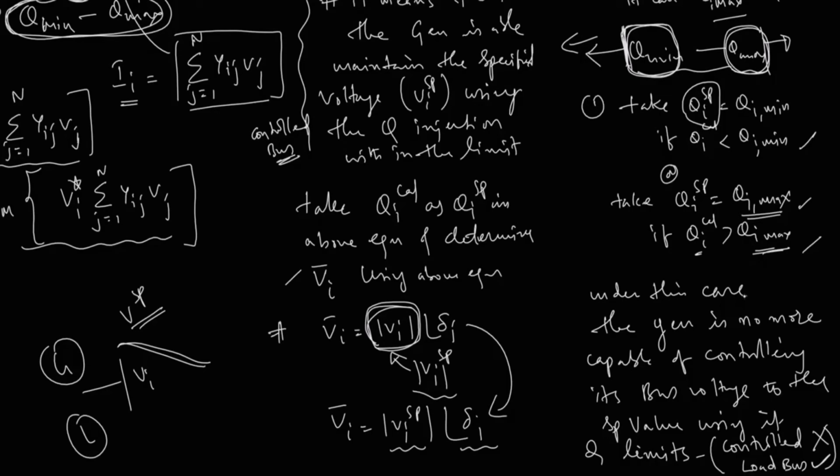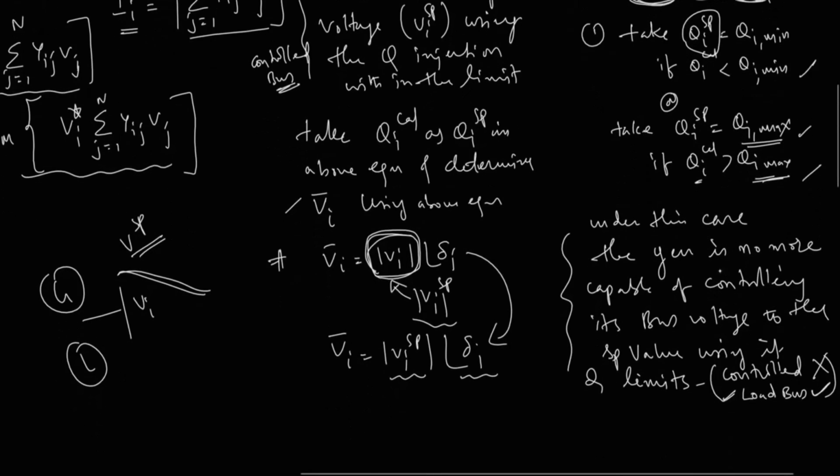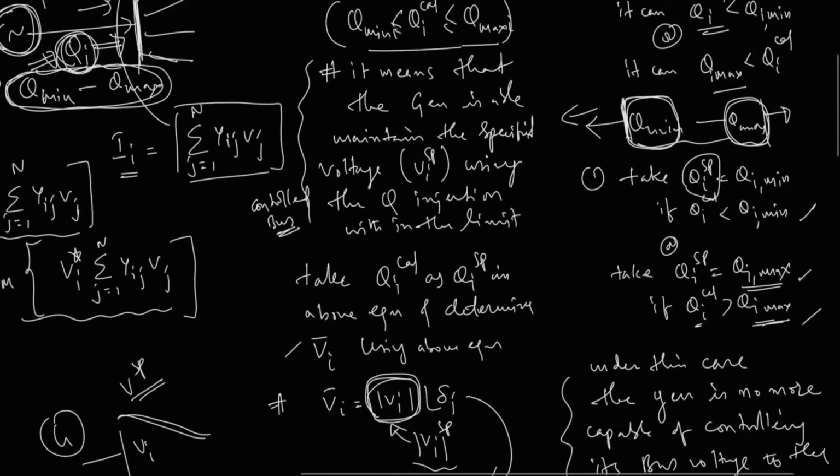Are you following what I am saying? So under case 2, when it is hitting the limits, the generator bus is no more a controlled bus. It is now converted to a load bus, and take the Q specified as one of its limits, either minimum or maximum limit.